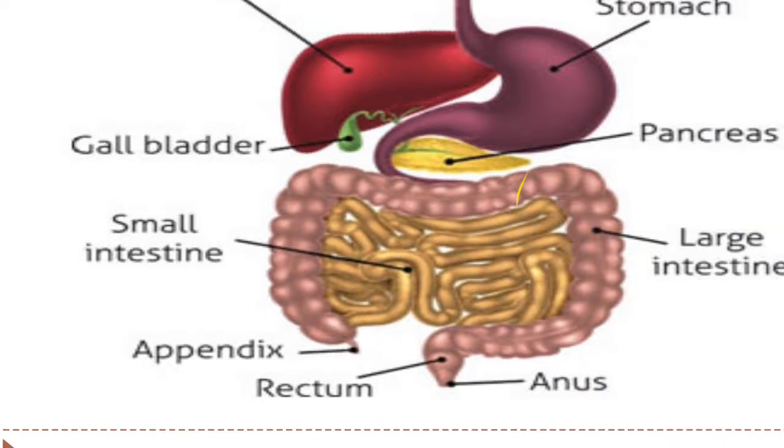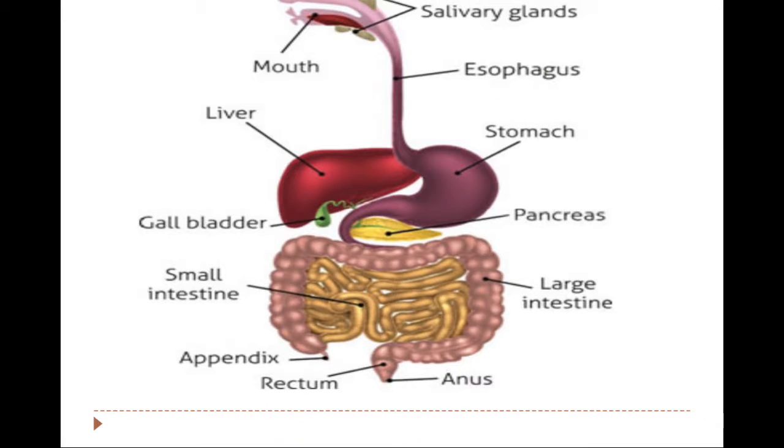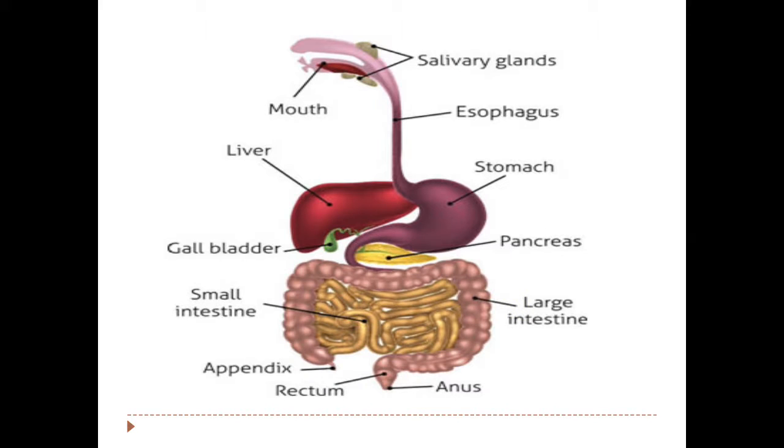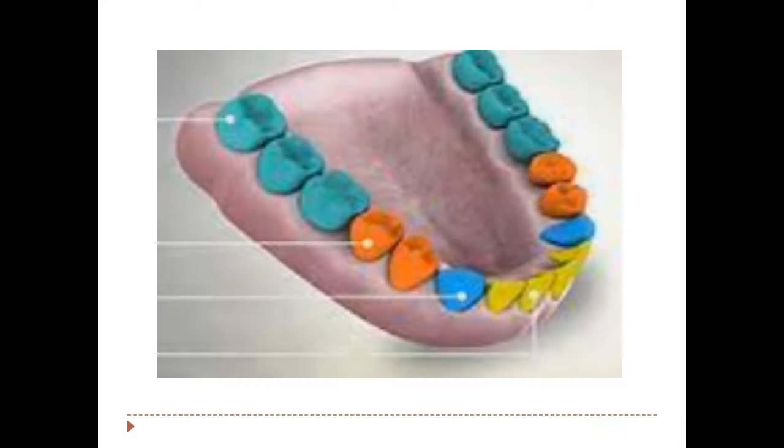So this is how, through the digestive system, the total food is converted into simpler nutrients and absorbed in our body.